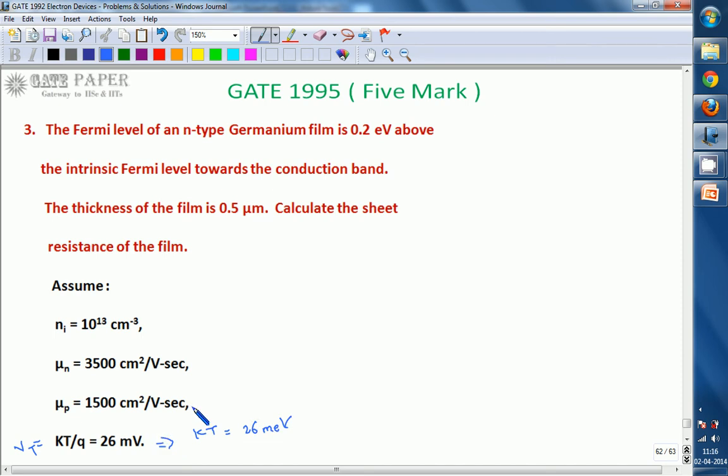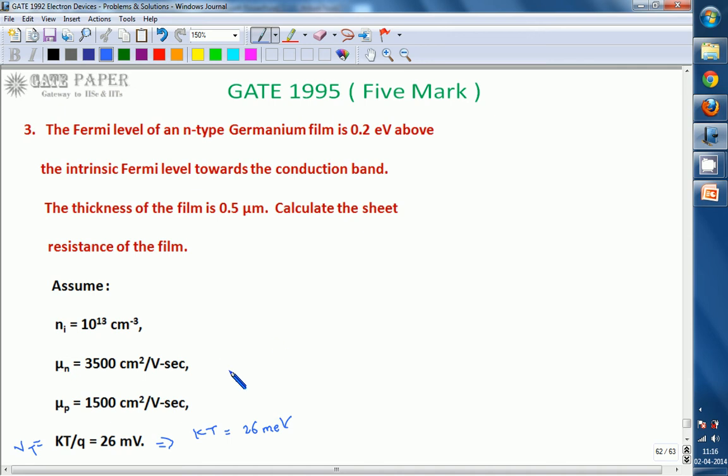The q comes over to this side, so 26 millivolts into q, with q represented as E, becomes 26 milli electron volts. So kT is energy, whereas Vt is voltage. The magnitude is the same, but Vt is represented in volts, whereas kT is represented in milli electron volts. Now for the given parameters we are going to calculate sheet resistance.